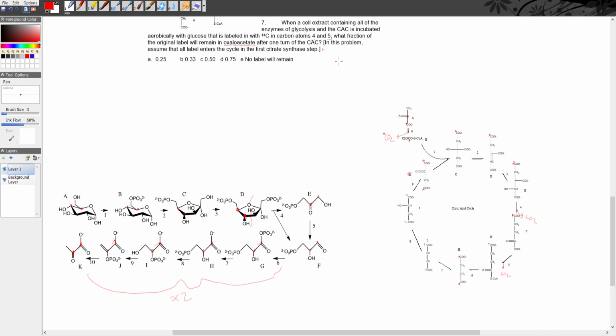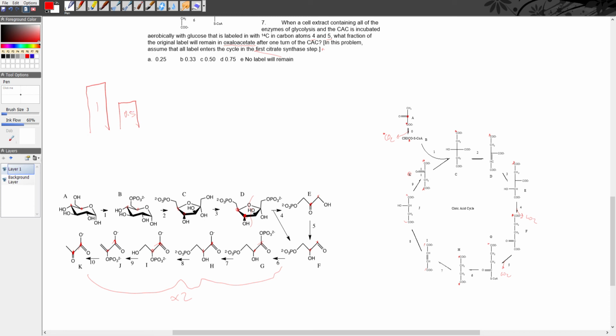But this question doesn't ask where the tag is, it just asks how much is left. And let's say at the beginning in this glucose, we started with a total of 1, right? Now, once we got to pyruvate, we still have a total of 1 because we're only looking at the one half. But in this step here, pyruvate dehydrogenase, remember we lost half of it. All of it that was on carbon 4, in this case, is leaving as carbon dioxide.